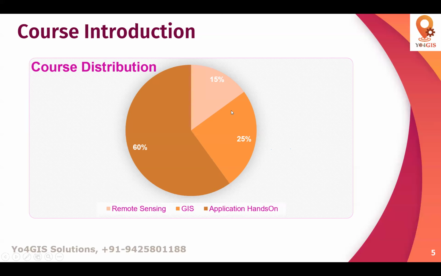These things we will provide you. The major part is the hands-on work on the applications. And as I already explained, we are going to work with QGIS as well as ArcGIS.